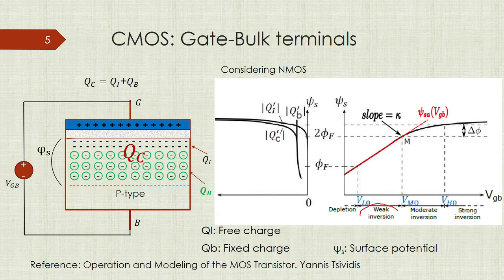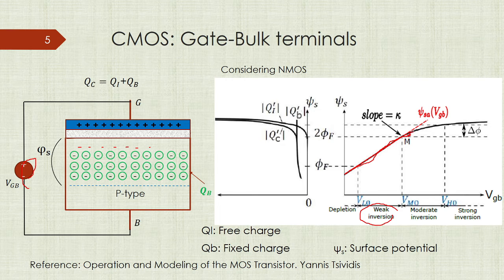First, we will start with weak inversion. In weak inversion, we have only ions here and very few free charges, or very few electrons. When we increase VGB, the surface potential will be almost linear, as you observe in the first part. But when we increase VGB further, the surface potential will not continue to increase linearly.